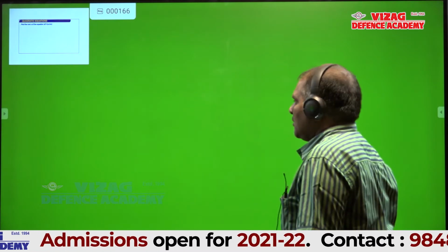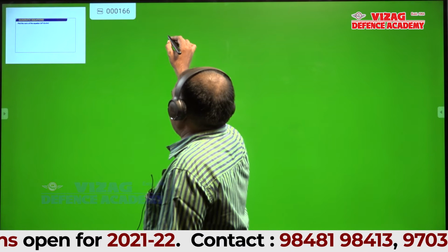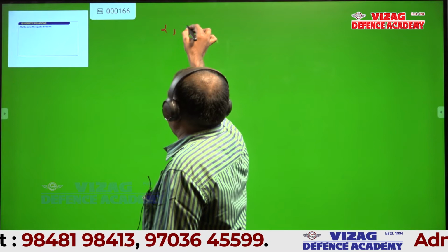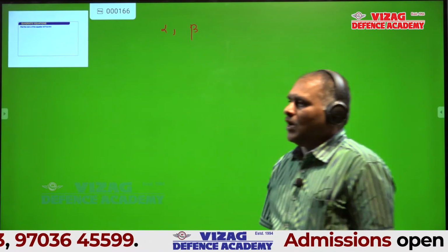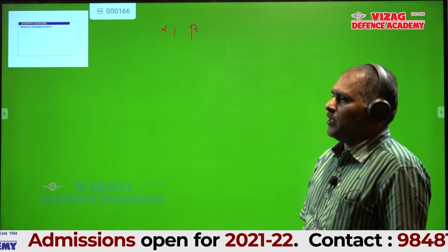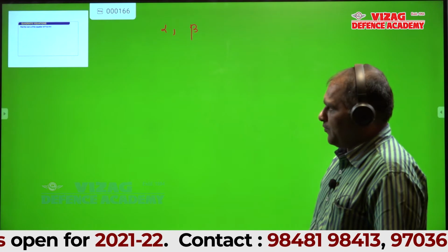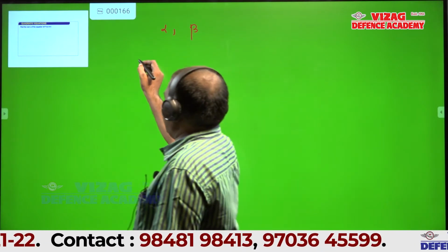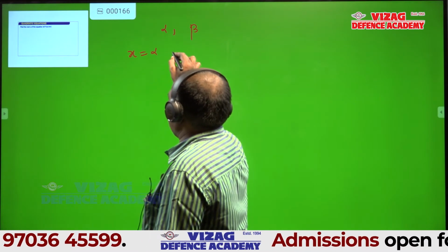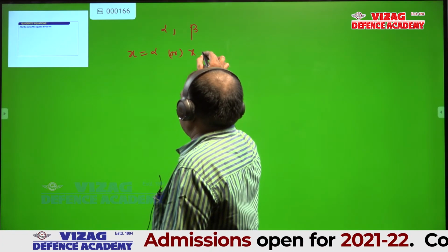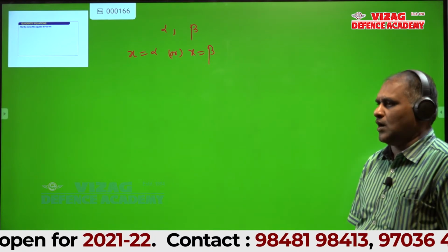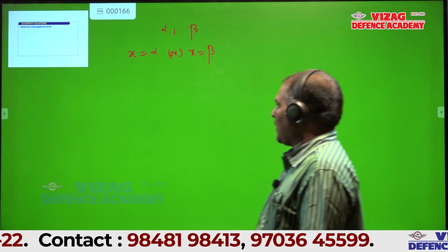Generally, for a quadratic equation the roots are one alpha and another beta. How to write the quadratic equation in the form of alpha and beta? Listen. Roots mean the x values. x is equal to alpha or x is equal to beta.